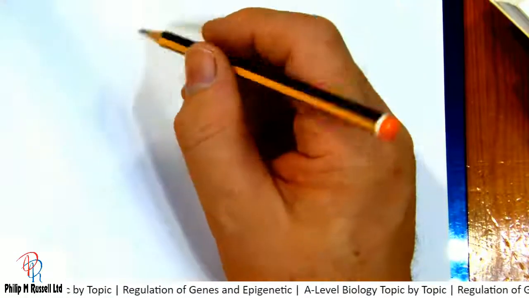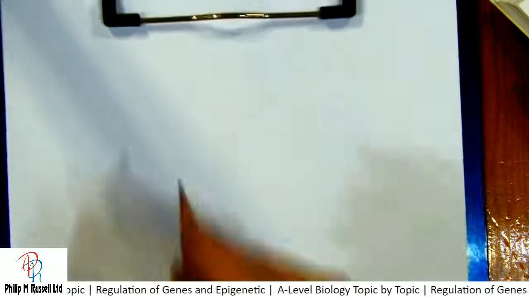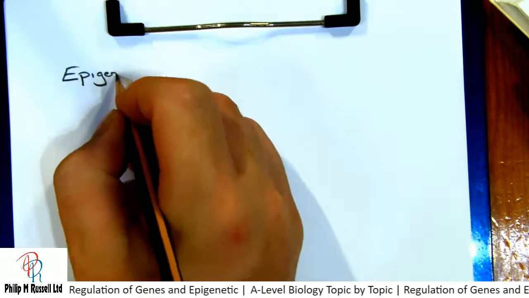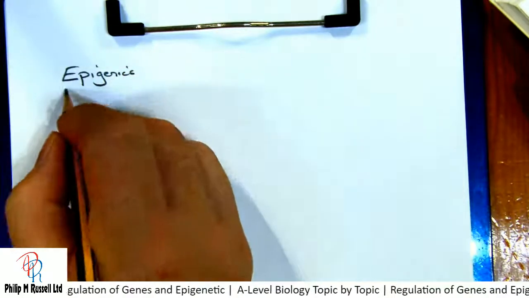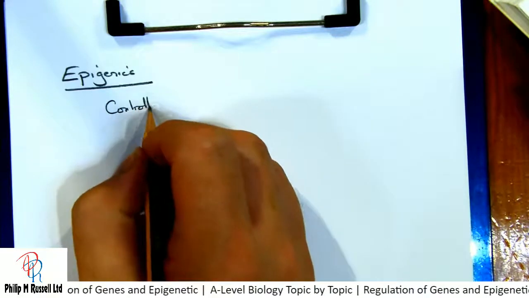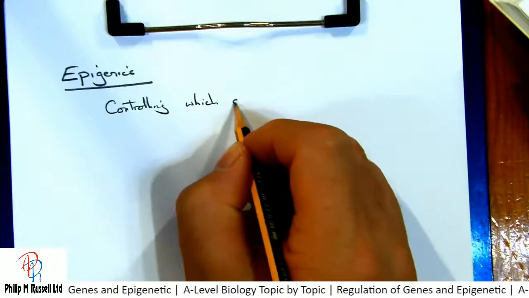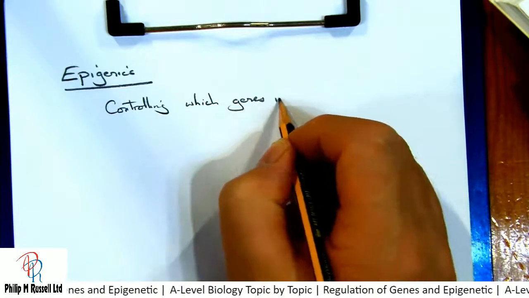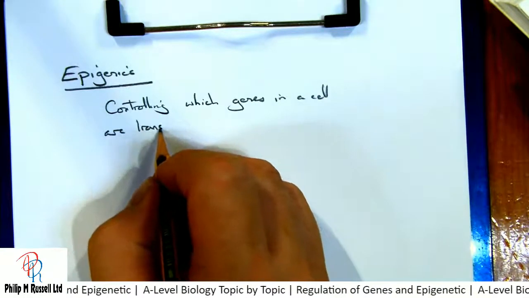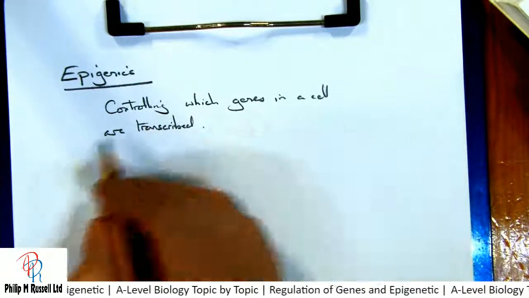The epigenome basically influences which genes can be transcribed. So epigenetics is basically controlling which genes in a cell are able to be transcribed.